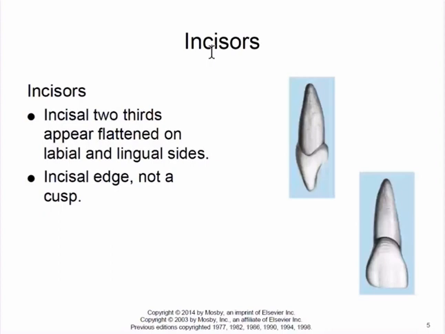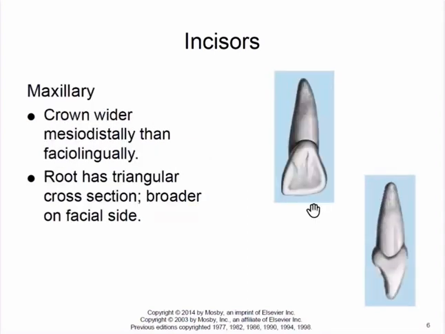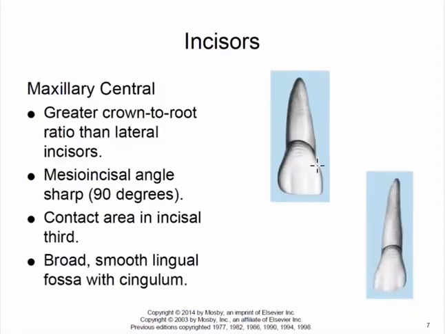At first, with the incisors, you usually know the incisal edges. The crown is widest mesiodistally, and we have a triangular fossa and a triangular cingulum on the lingual side. We always have a sharp edge mesially of about 90 degrees, while distally it's always round.